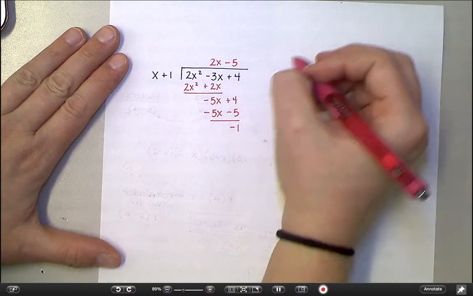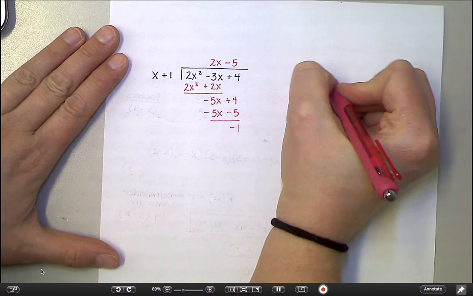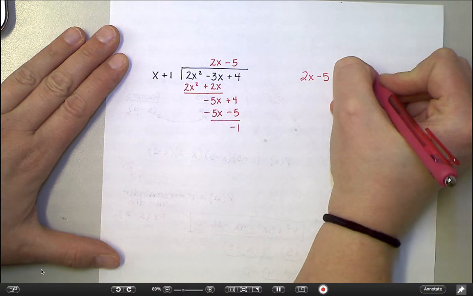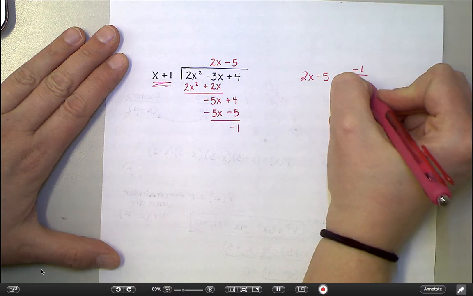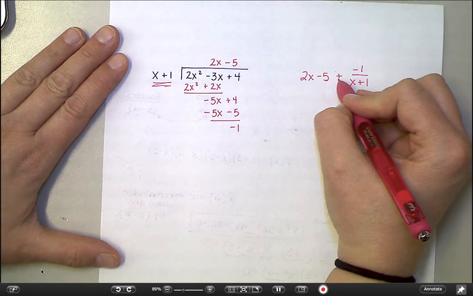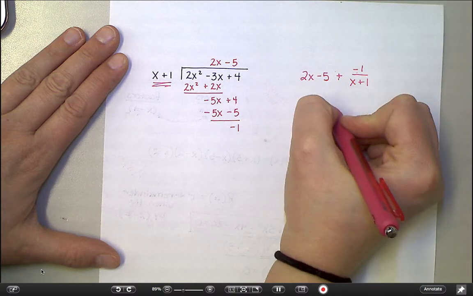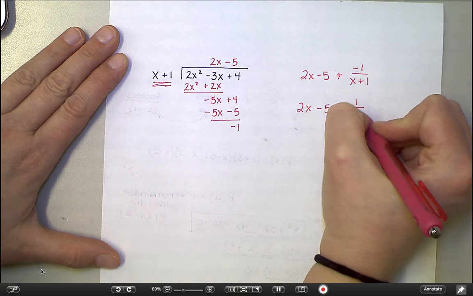What this means is our answer here would be 2x minus 5 and then plus that negative 1 over the x plus 1. Actually, you probably wouldn't see this as a plus negative. You would probably see it written something like this: 2x minus 5 minus 1 over x plus 1.